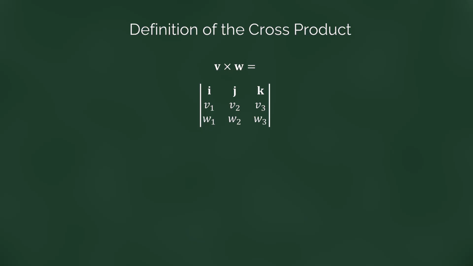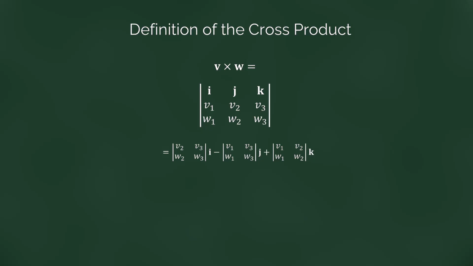We can break that 3x3 determinant down into a series of 2x2 determinants. So our first one, we're going to multiply the vector I, which we know points in the direction of X, by the determinant we get by taking the Y and Z coordinates, or the J and K coordinates, from our two vectors.